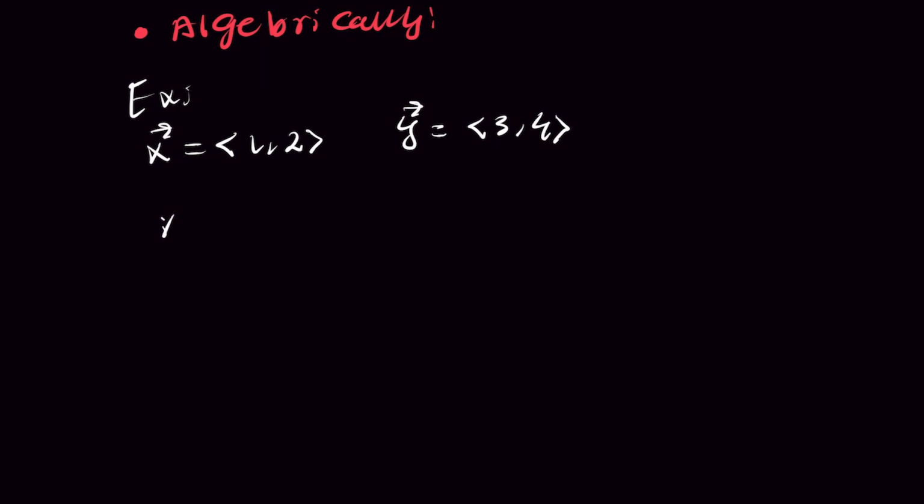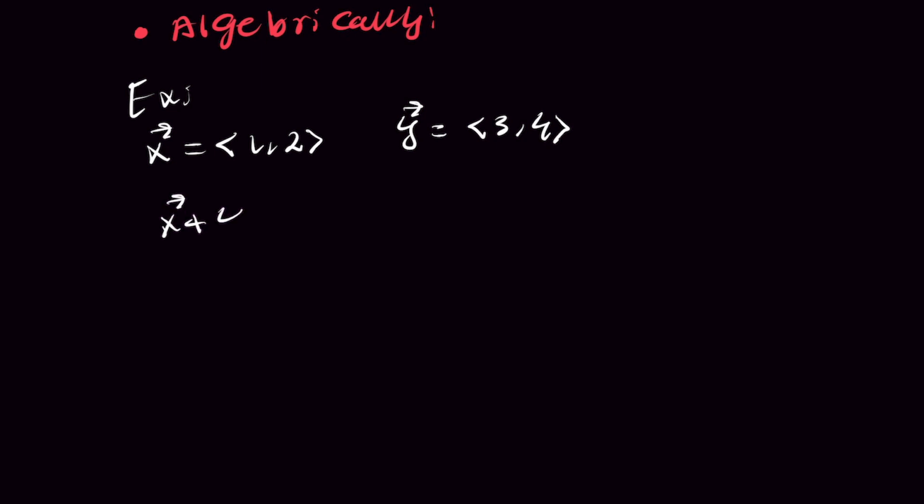How are we going to add two vectors algebraically? If you have vector x, which is equal to 1 and 2, and vector y, which is equal to 3 and 4, then what is x plus y?